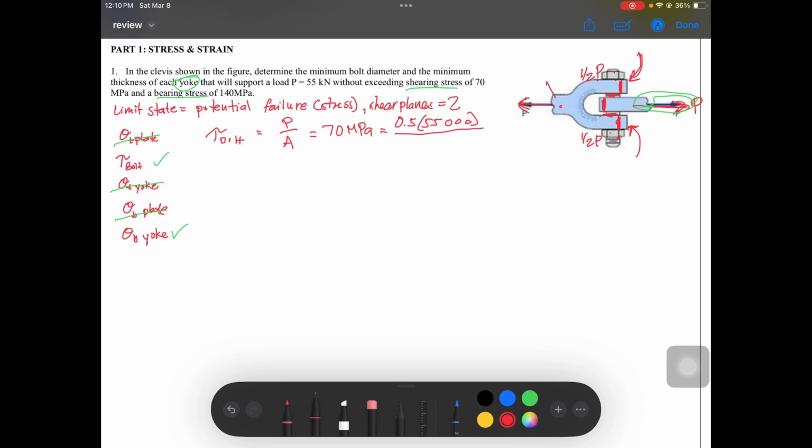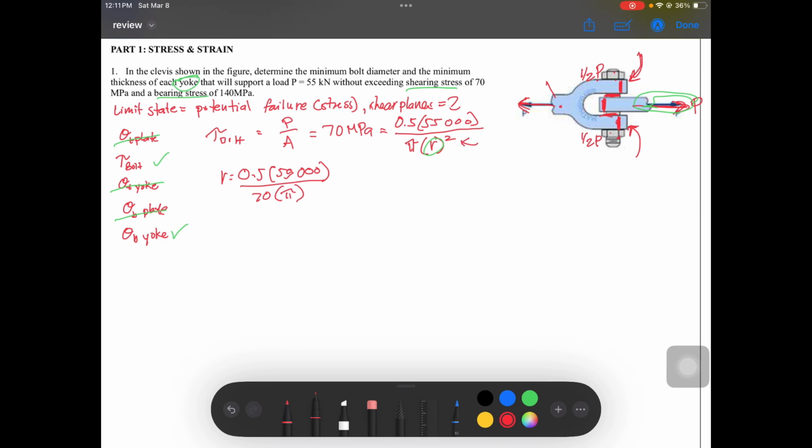And then, what is the shearing area? Of course, ito yung shearing area. That is the cross-sectional area ng bolt, which is circular. So, ano ang area ng circle? Edi pi r squared. So, let's isolate r since siya yung kukunin natin. So, r will be 0.5 times 55,000 all over 70 MPa and then pi.